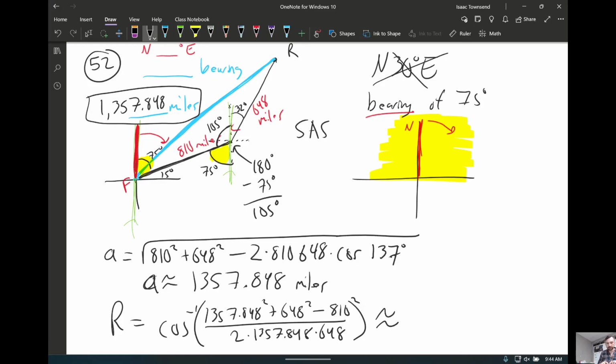I think that should be how it's set up. Again, you can always label these angles A, B, C, and then you can pick out a formula that looks exactly like that if it makes you feel more comfortable.